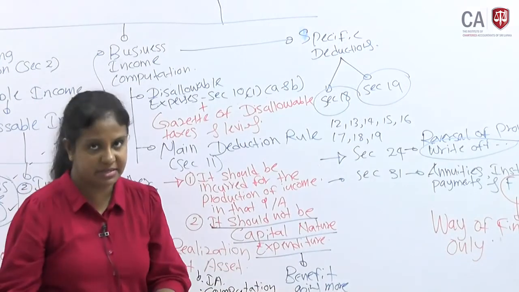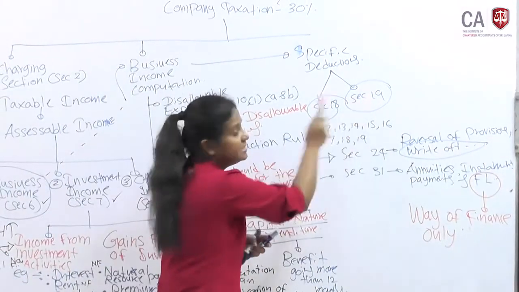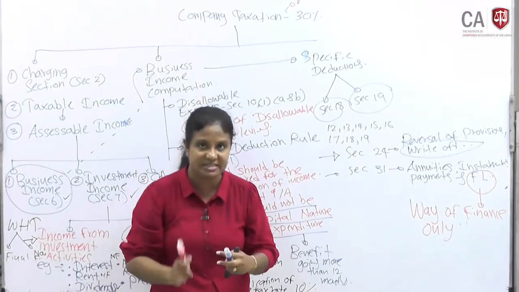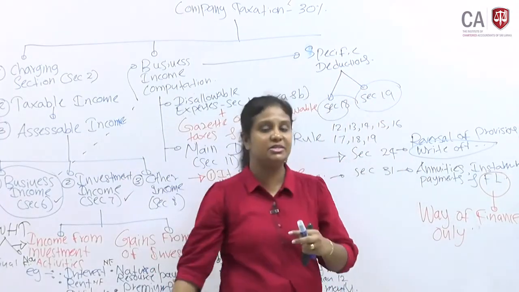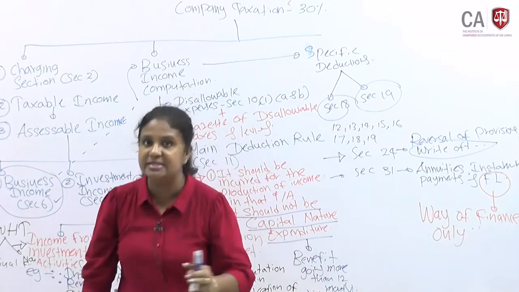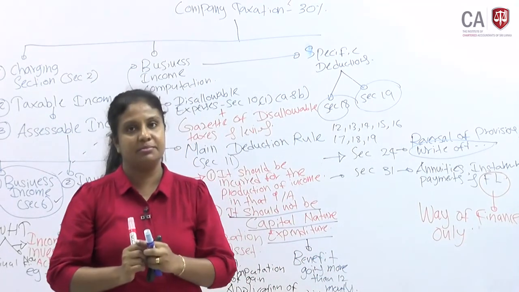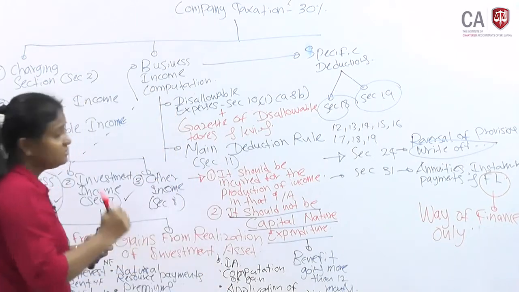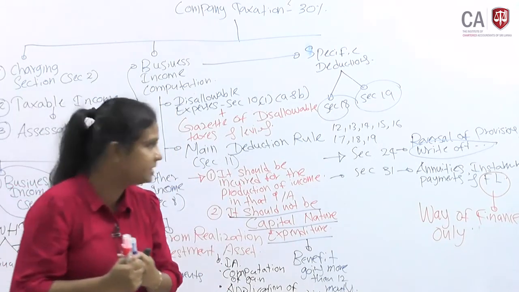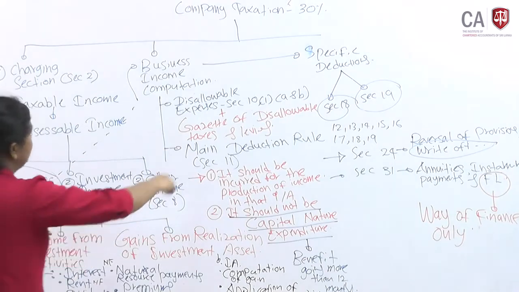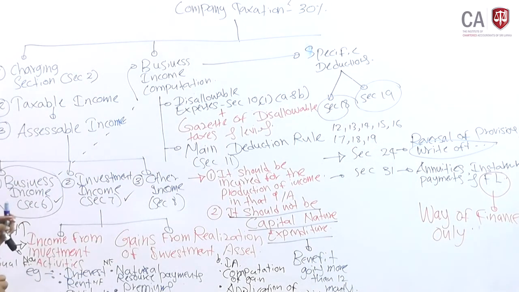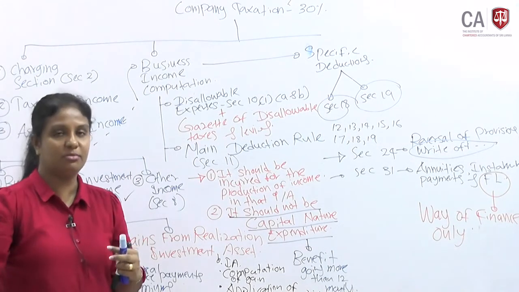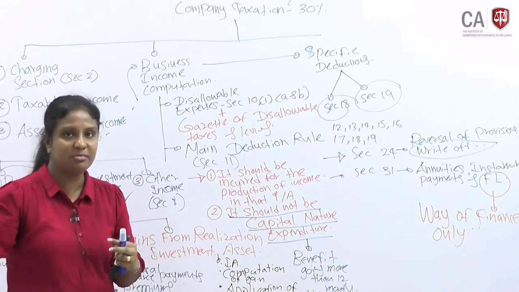If there is a business loss, I will come to that part. Section 19 is talking about the business loss. Then this business loss, you can claim against the business income. Up to the level of that business income, you can claim. Then business income discussed, investment income discussed. After that, we have assessable income from business and assessable income from investment.